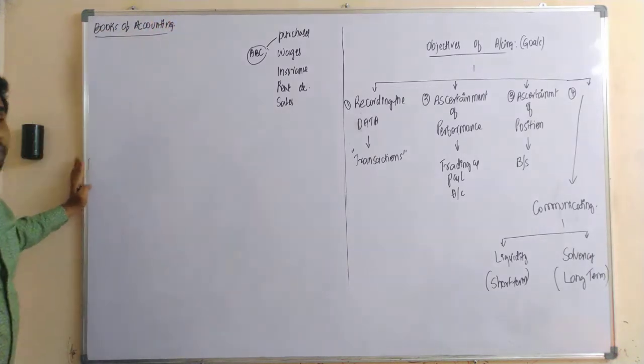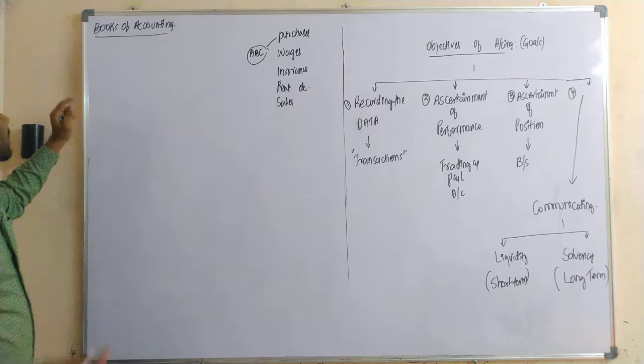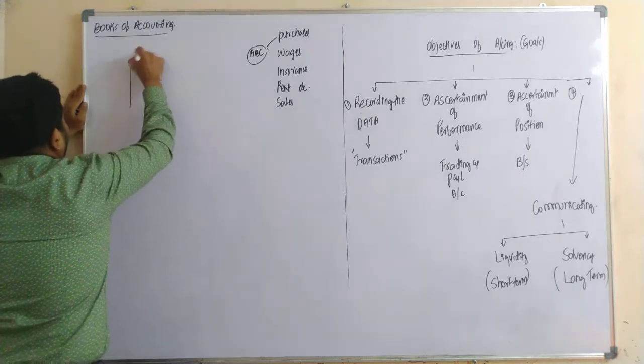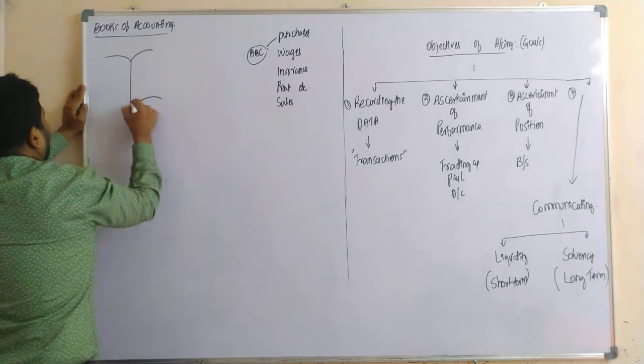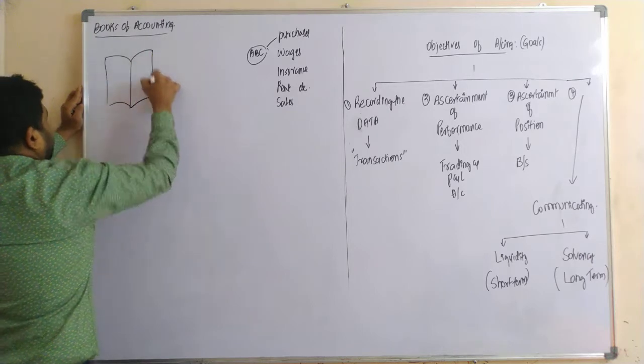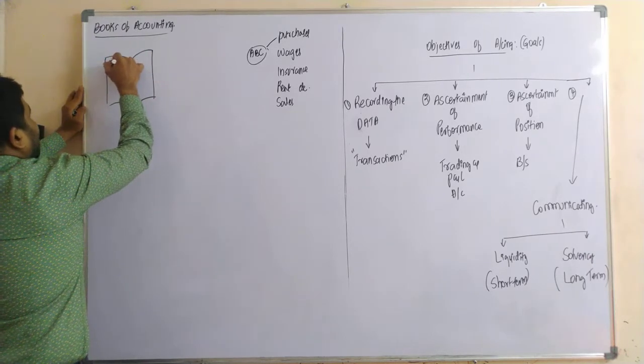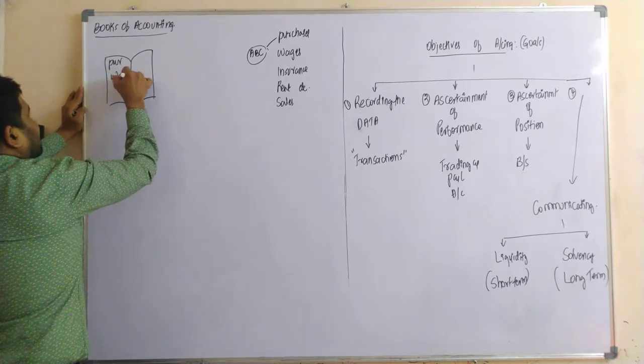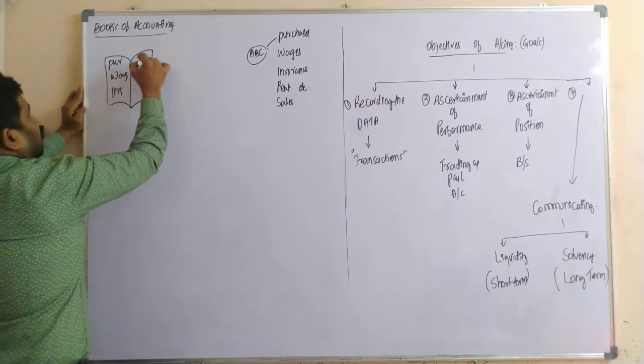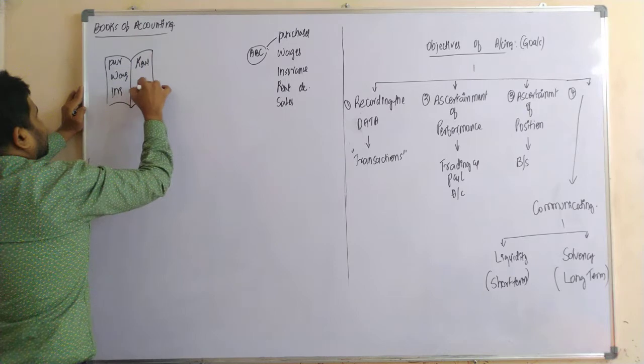Let's say these are our books of accounts, and we are going to record them as purchases, wages, insurance, rent and sales, yes or no?